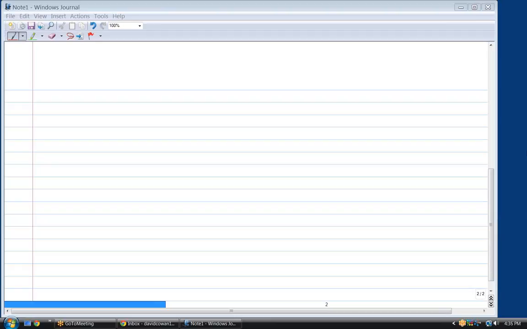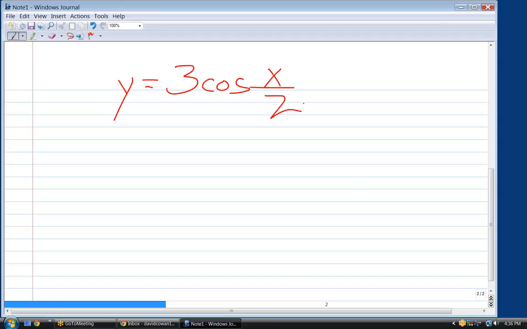So I've been having trouble with these ones where there's the fraction after the sine or the cosine. Okay. So this one is y equals 3 cosine x over 2. Write that another way where the x has a coefficient in front of it.